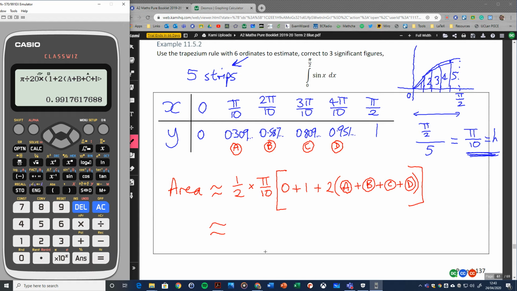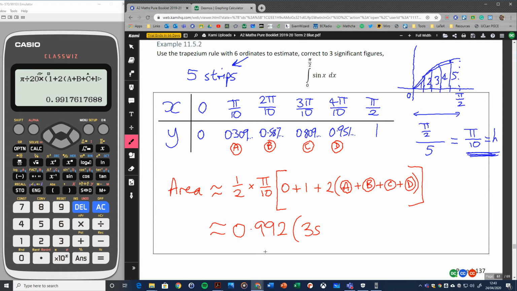And I press equals. So we get 0.99176, answer to 3 sig fig, 0.992 to 3 sig fig.